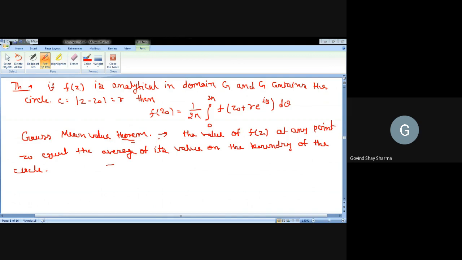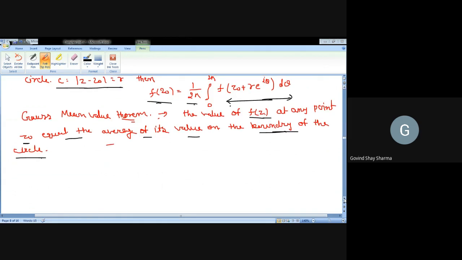If f(z) is analytic in domain G and G contains a circle, then f(z0) is equal to 1 upon 2 pi this integral. The mean value theorem is saying that the value of f(z) at any point z0 equals the average of its value on the boundary of the circle. So here we discuss the circle.